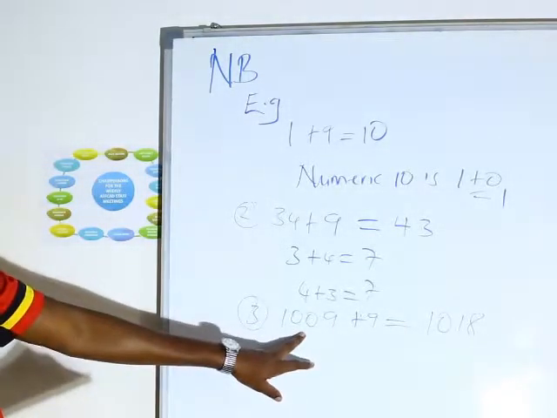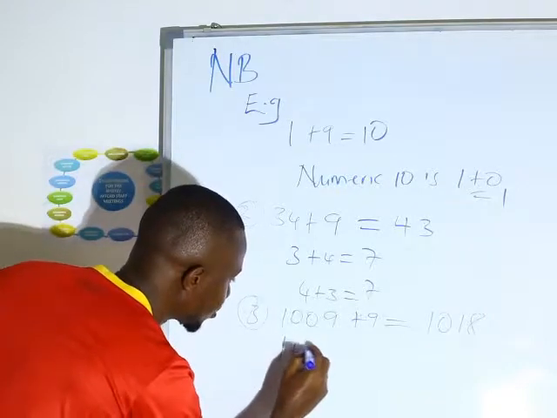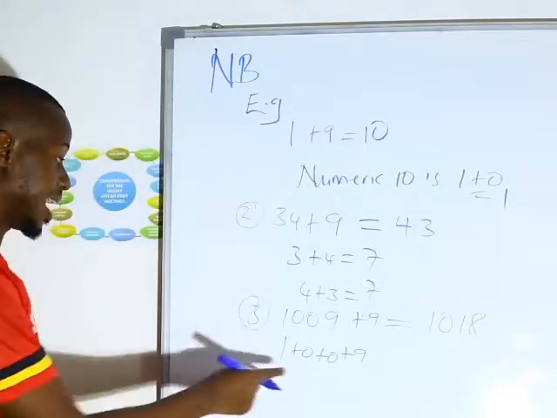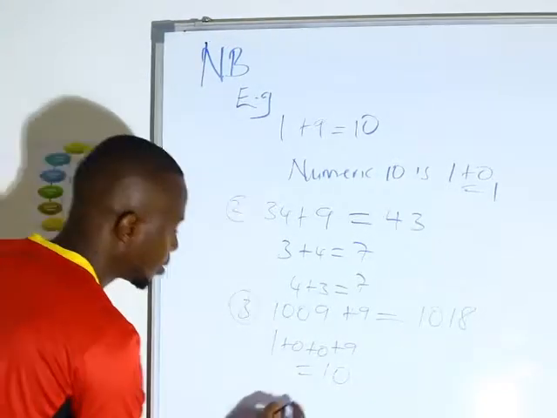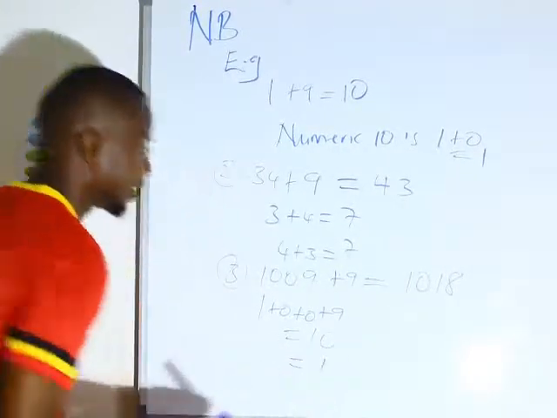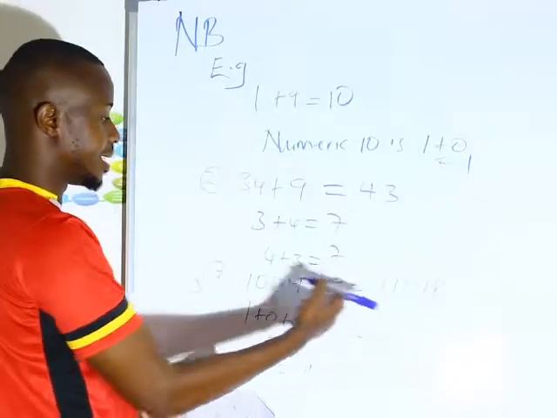Find the numeric sum of this. The numeric sum of 1009 is 1 plus 0 plus 0 plus 9, which equals 10. 1 plus 0, which equals 1.